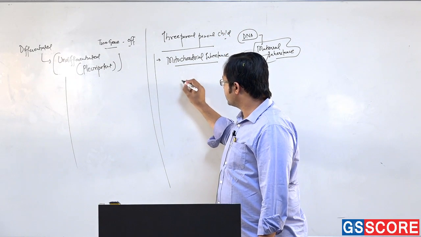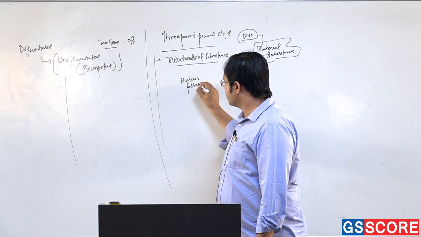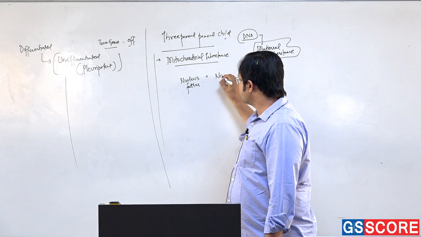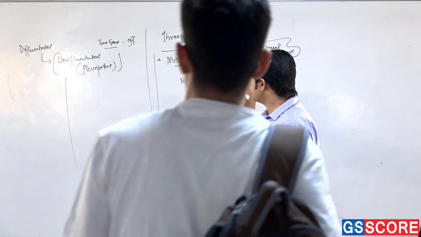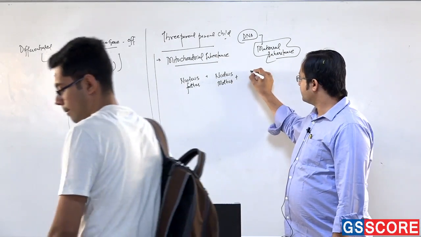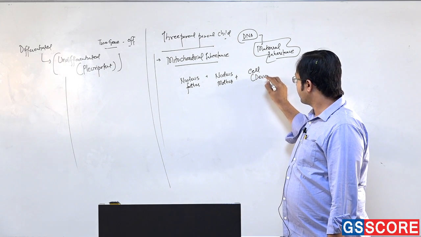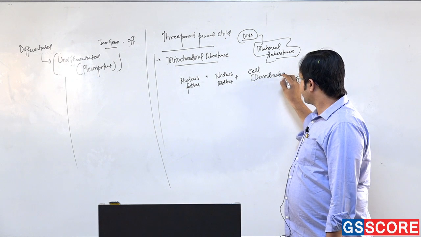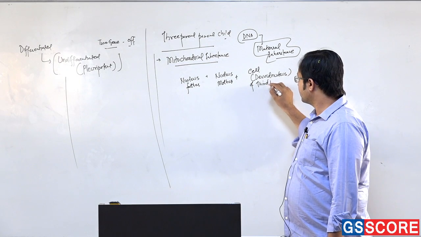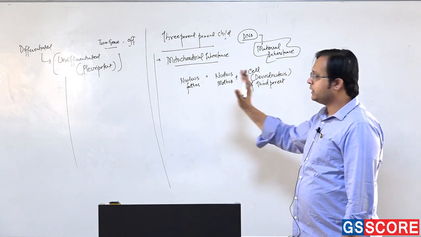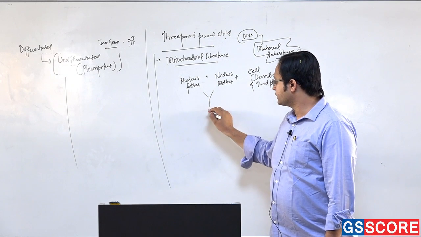In this, we take the nucleus of the father plus the nucleus of the mother plus the cell which is devoid of a nucleus of the 3rd parent. Must be a lady, can be a close relative, and we fuse the nucleus.